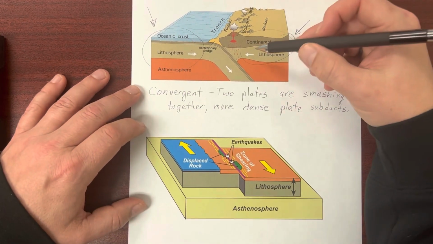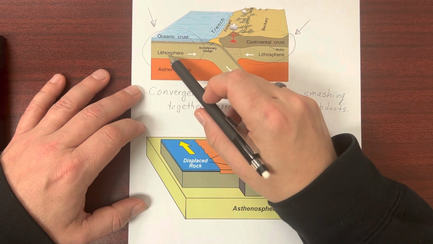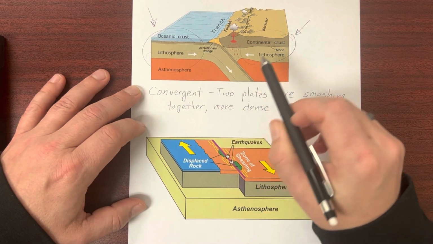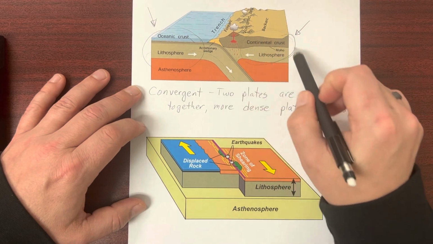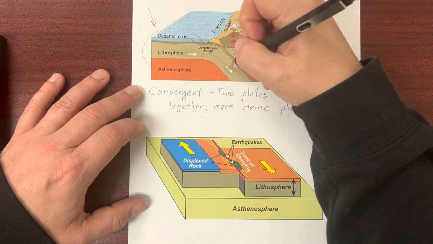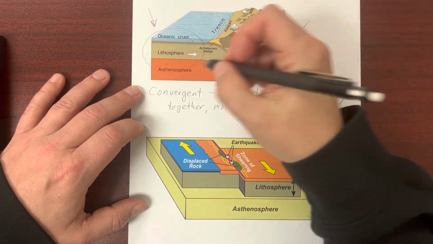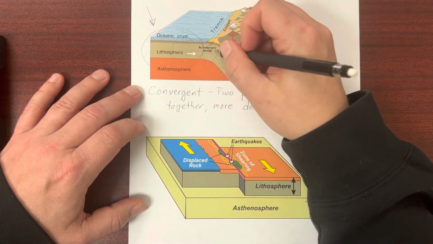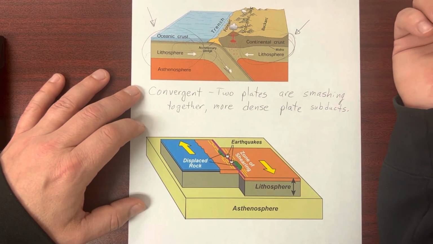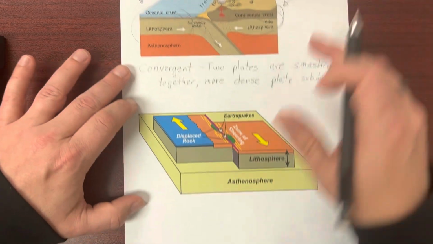Because of that difference in density, the higher density plate or crust will sink under the lower density one, okay? This is how we get crust to become recycled. So all of this rock and crust right here is going to go back down into the earth and remelt into magma. It's going to get recycled.